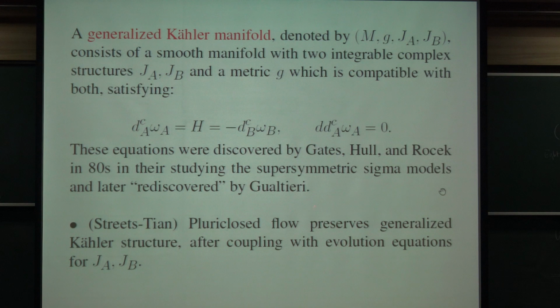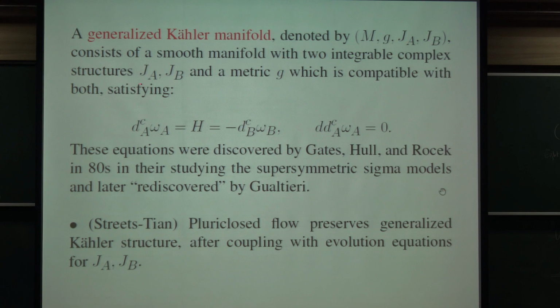If you read his paper, there are a lot of algebraic formulations. Here I just have a formulation which I understand. I can tell you quickly. Basically, this is a Hermitian manifold with two complex structures, and these two complex structures relate to each other in this way. This is the torsion of the first complex structure, this is the form of the first complex structure, and the form of the second complex structure.